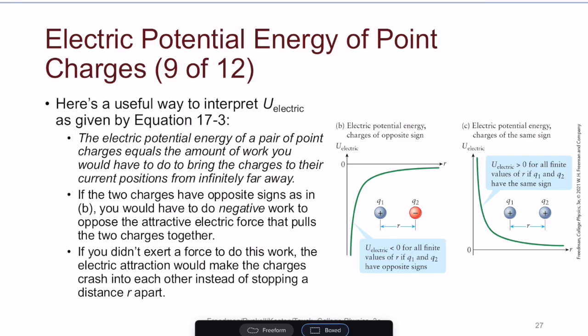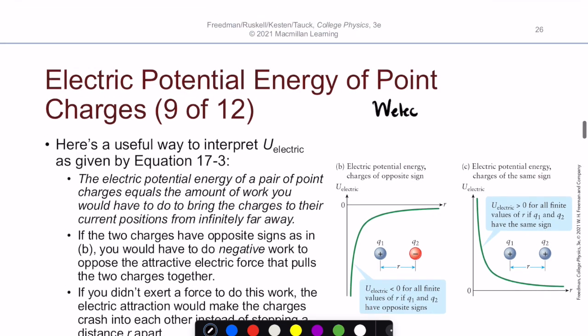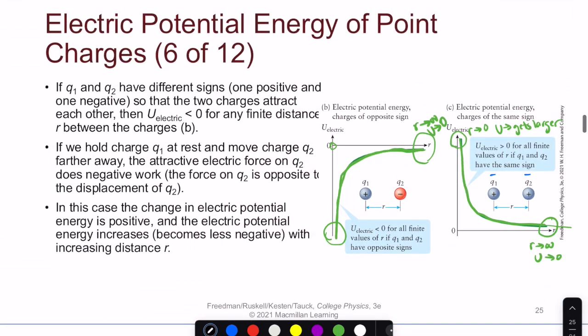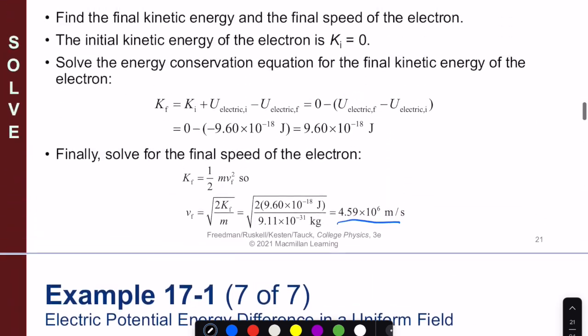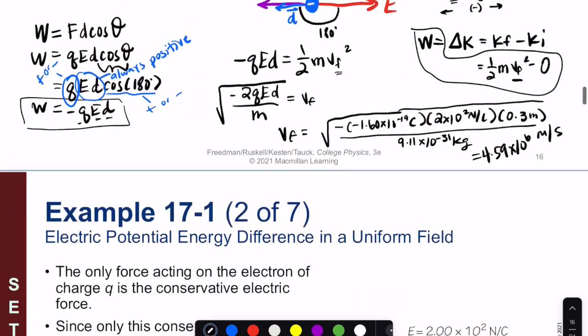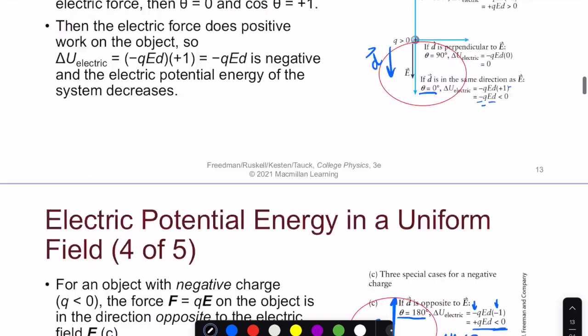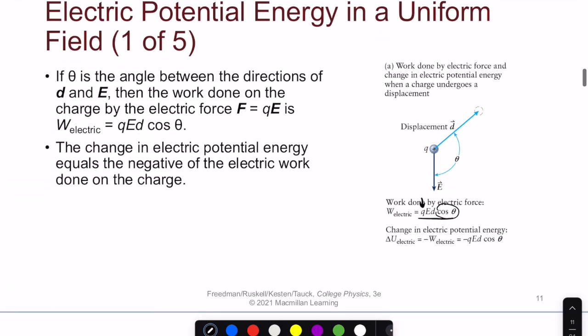And the way that we interpret potential energy of a pair of point charges, we have to think about it a little differently. Instead of thinking about the work done by the electric field, which is technically what we've been defining all the way up here, right? Anytime we talk about work up until this point, we have talked about the work being done by the electric field. Let me just show you in that definition what I mean. This is W electric, the work done by the electric field, okay?